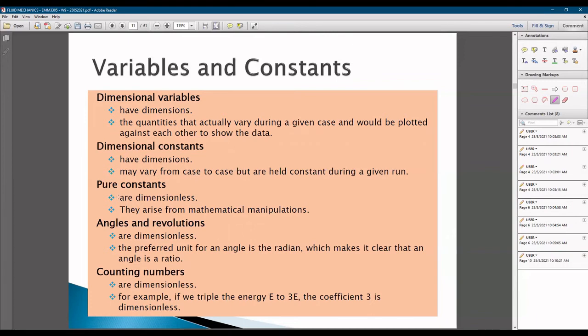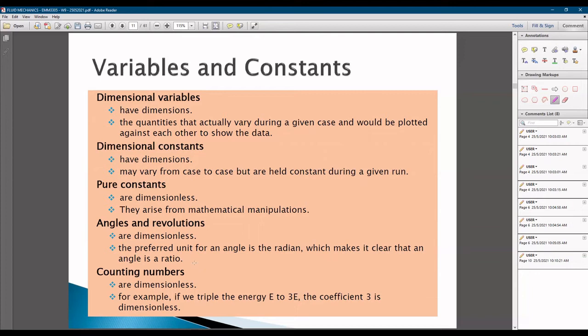Pure constants are dimensionless, like the coefficient of drag or coefficient of lift. They arise from mathematical manipulation. And later on, you will look into several other examples like the Reynolds number. For angles and revolutions, they are dimensionless. The preferred unit for an angle is radian, which makes it clear that an angle is a ratio.